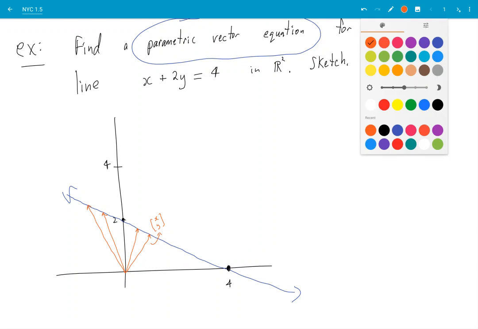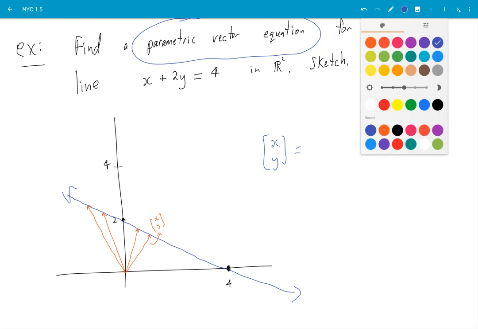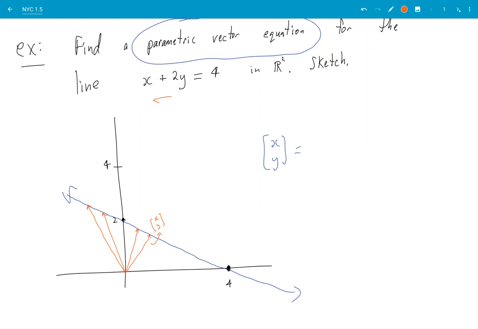What must be true? I can solve for x here. x is equal to 4 minus 2y, right? So x is 4 minus 2y, and y, we're just going to leave as y.